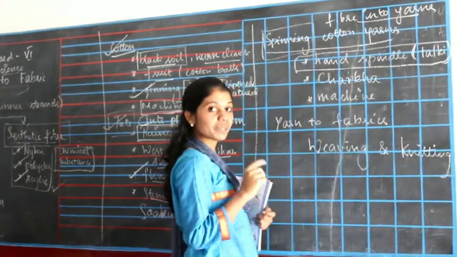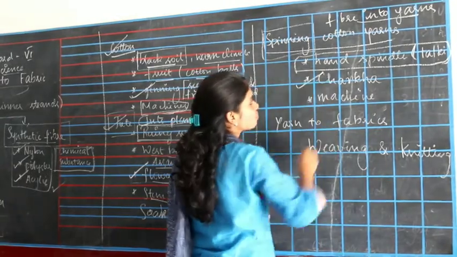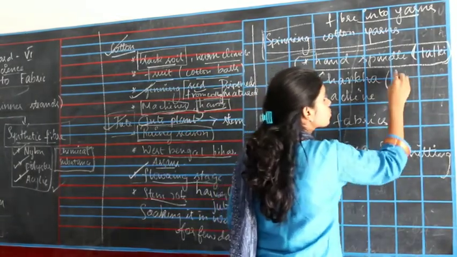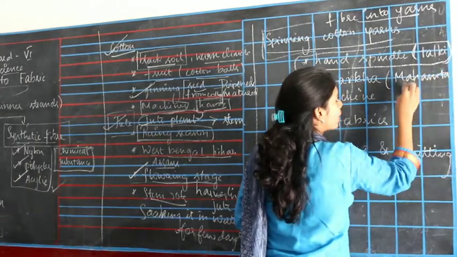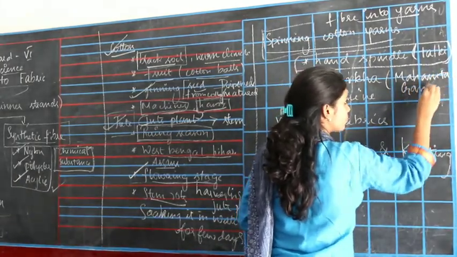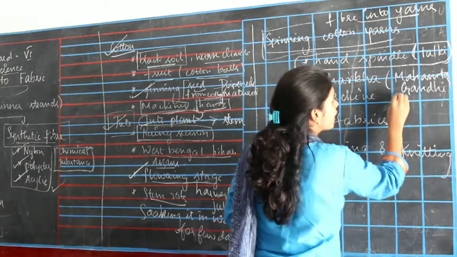And the other instrument which we use is the charkha. This was used by Mahatma Gandhi as a part of the independence movement.